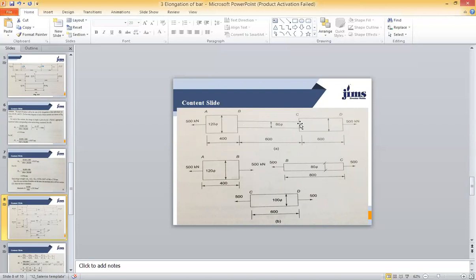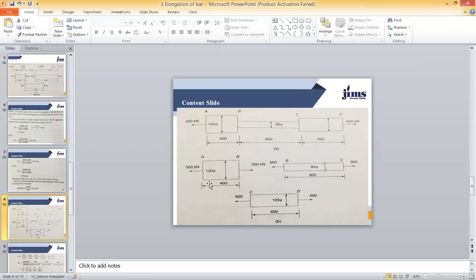When I'm talking about the C surface, I applied load 500 in positive x as well as negative x. So the total load on the C surface is 0. So now I simplify the problem into three parts.